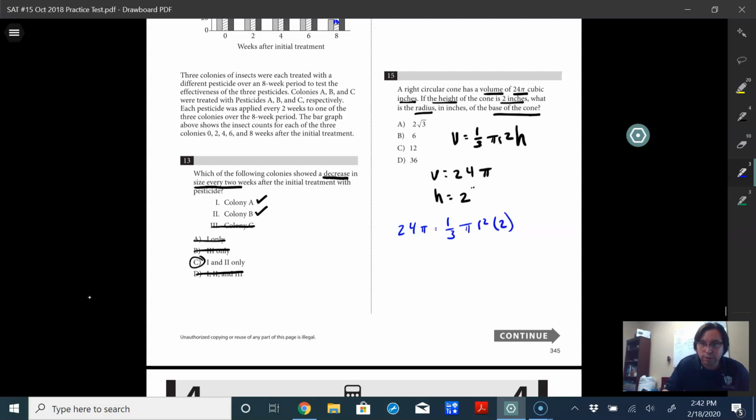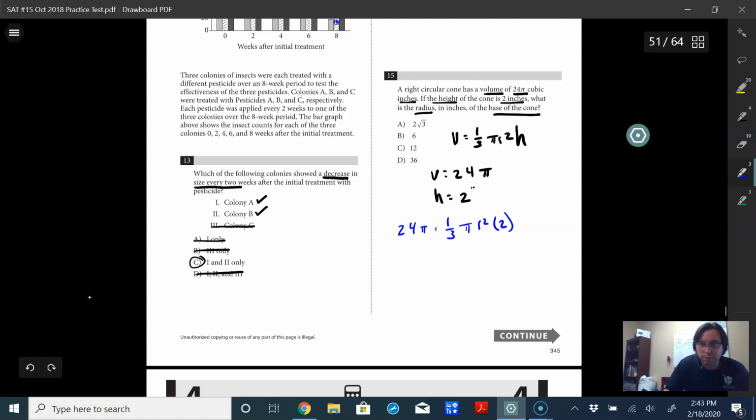All right. So what I can try to do on this one is figure out the radius. What would be a good step that I could do? One of the things I probably could do first is, let me go ahead and erase this piece. Make this a little bit easier.